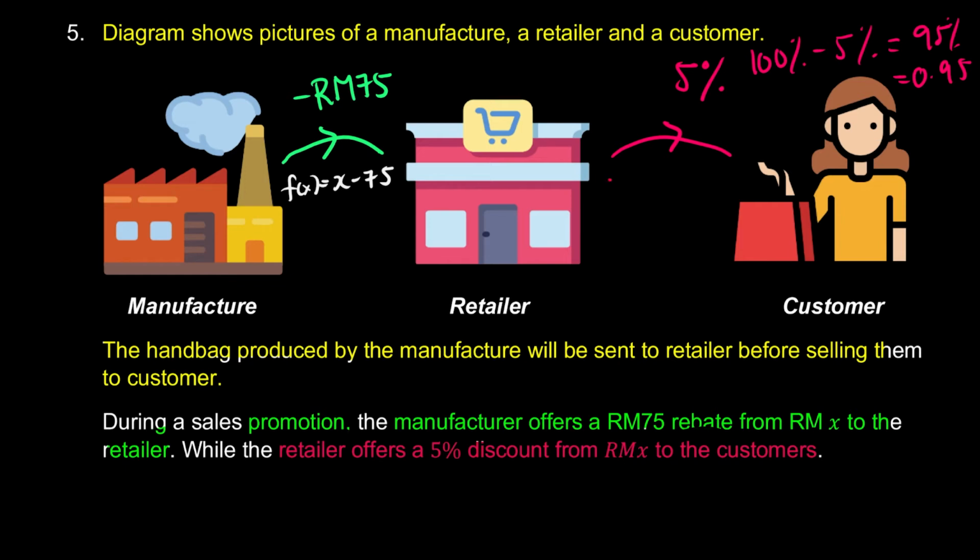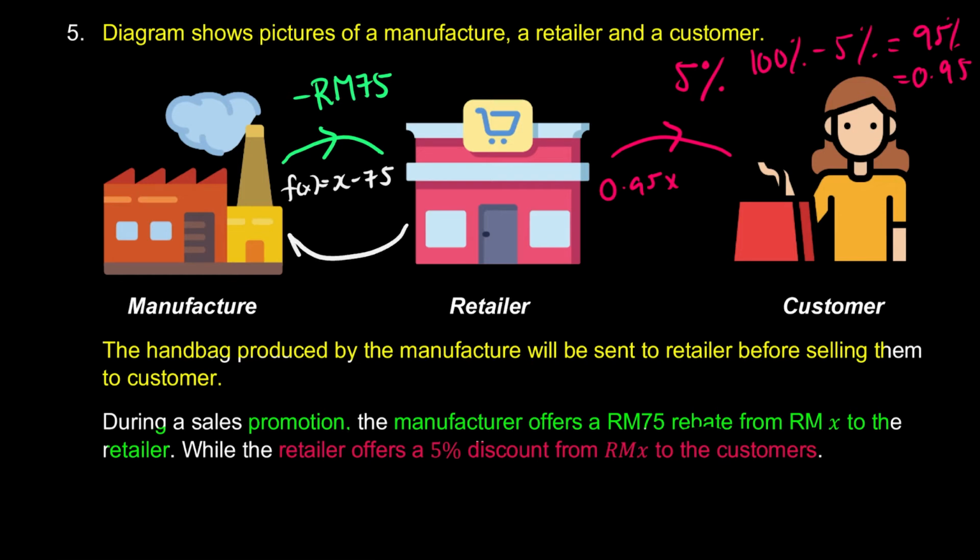So we need to pay 0.95 times whatever, right? But what is this whatever? Is it just taking x minus 75 into the second function? No, because the 75 ringgit rebate is exclusive to the retailer. We need to find what is the original price from the manufacturer first.